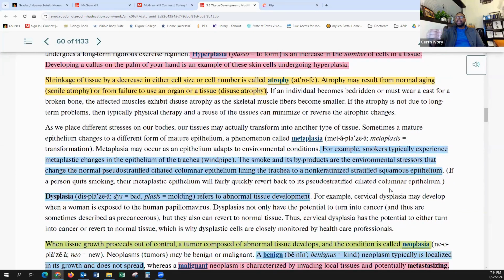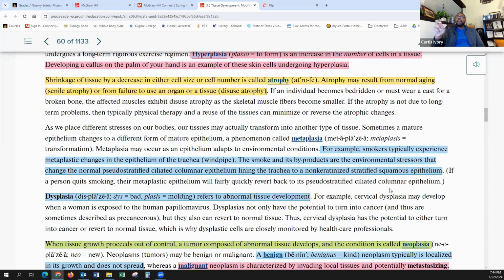So for metaplasia, this is essentially where you start changing the function and the structure of cells. So in the book, it actually gives an example: if you're a smoker or have been a smoker for a long period of time, the byproducts are environmental stressors that change the normal pseudostratified ciliated columnar epithelium lining of the trachea to a non-keratinized stratified epithelium.